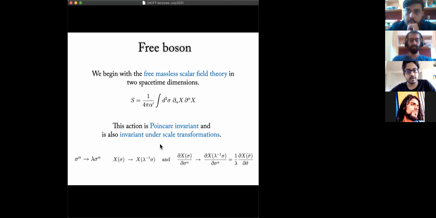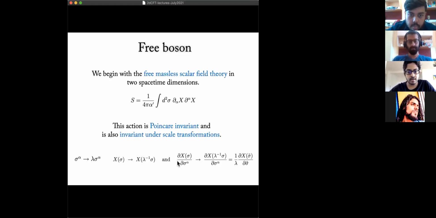First, notice that this action is Poincare invariant, and it's also invariant under scale transformation. For example, if you rescale your coordinates sigma^alpha as lambda times sigma^alpha, X is a scalar field, so it does not change under this coordinate transformation.